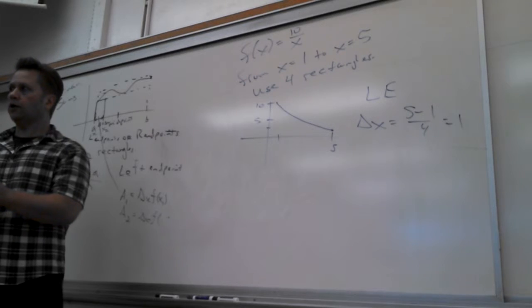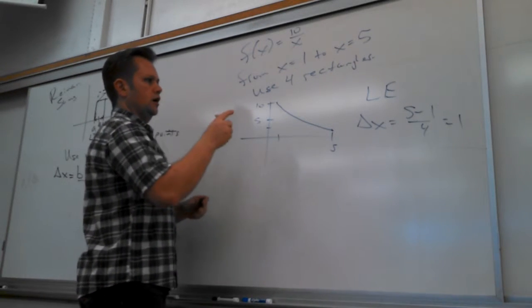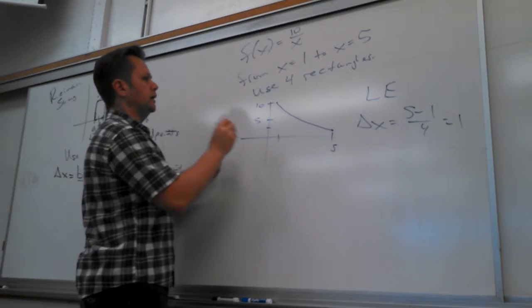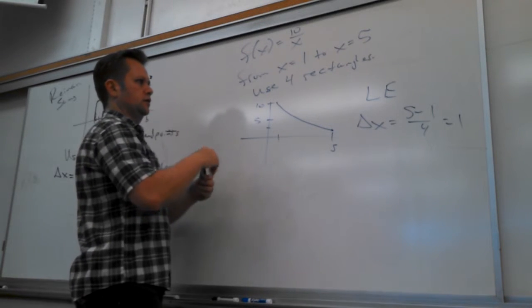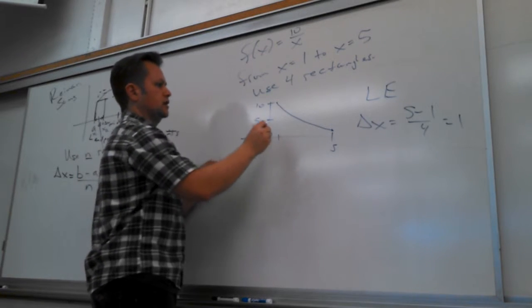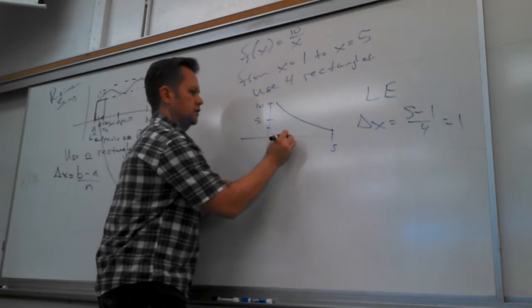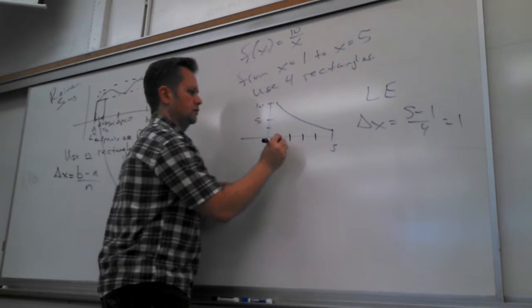So you can go ahead and draw in the rectangles here. And the height, what's the height of the first rectangle going to be, considering you're using left endpoints? It's going to be 10. So is this going to overshoot or undershoot? Over. Yeah, over. So let's see, 1, 2, 3, 4.